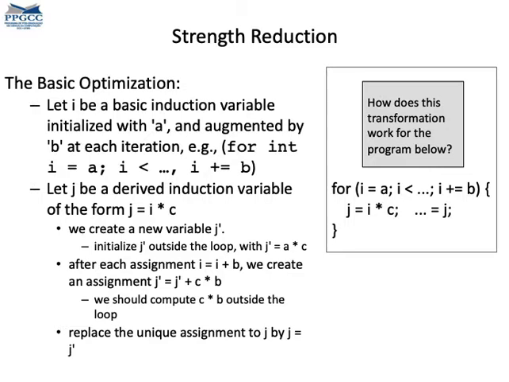Then we add an increment to it in the loop. Let's call this instruction j prime equals j prime plus c times b. Notice that c times b, we can move it outside the loop, for both c and b are invariant. Then we replace j with j prime. Let's see how that goes with an example.